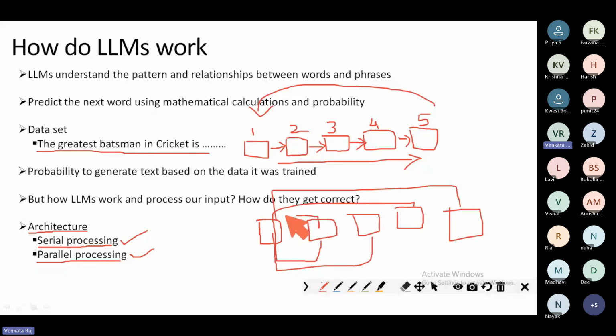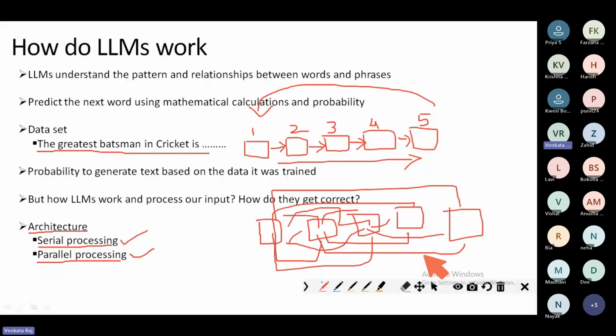Similarly, this token will have the reference to other tokens. As a result, the relationship between the different tokens is maintained. It doesn't forget the previous tokens.